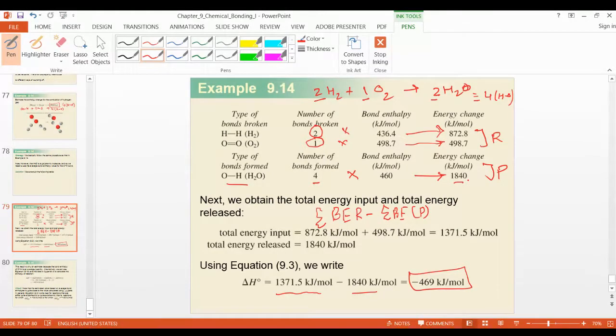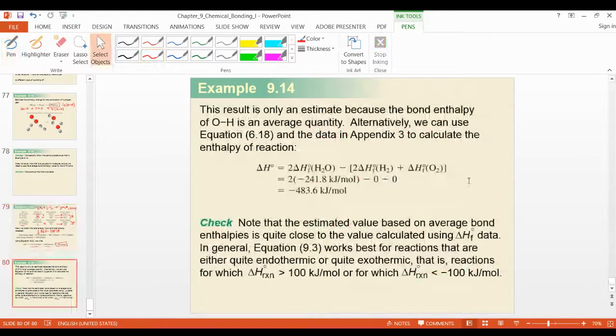So this is all about chapter 9. It is finished now. This is same as I told you. This also same. See, you will get the same value from here also, but this is a different way. This is chapter 6. Here this is only the heat, the enthalpy of formation of water. The enthalpy of formation of hydrogen and oxygen is 0. And this is the product minus reactant.